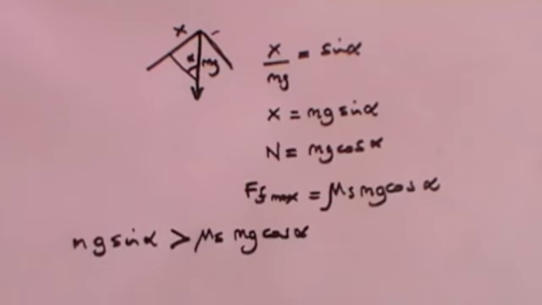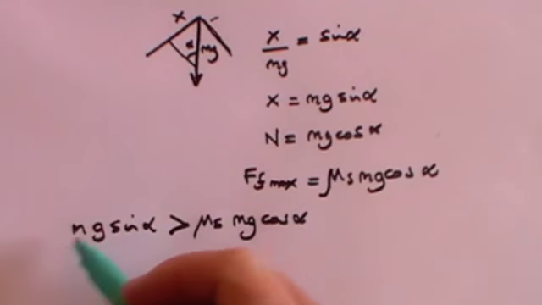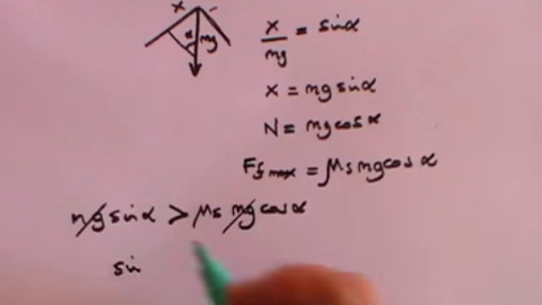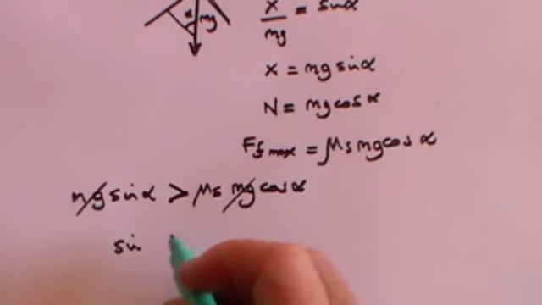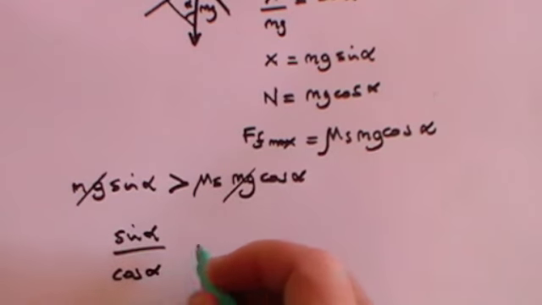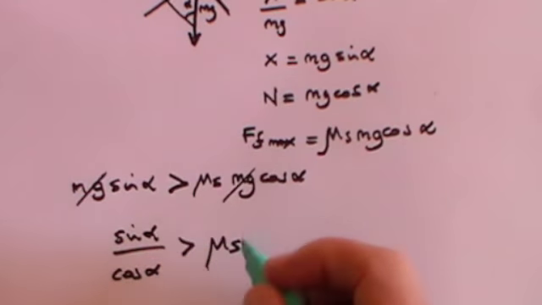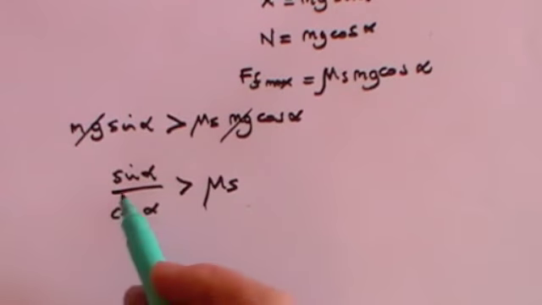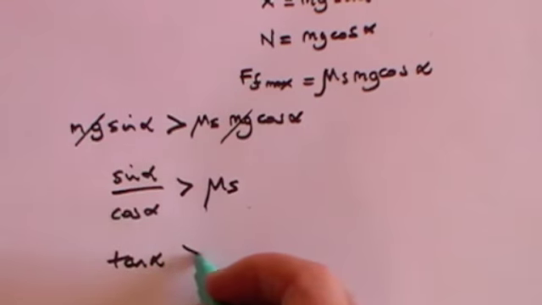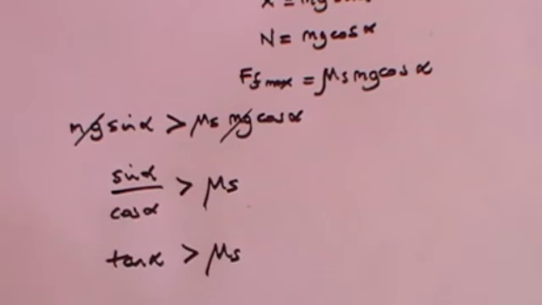alpha. Well, you can see that the mg's are going to cancel on both sides of the equation, and that means that if you divide both sides by cosine of alpha, sine alpha divided by the cosine of alpha must be greater than mu s. But sine alpha divided by the cosine of alpha is simply the tangent of alpha, which must be greater than mu s.